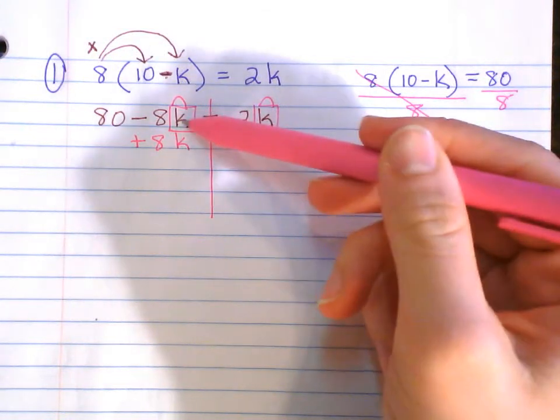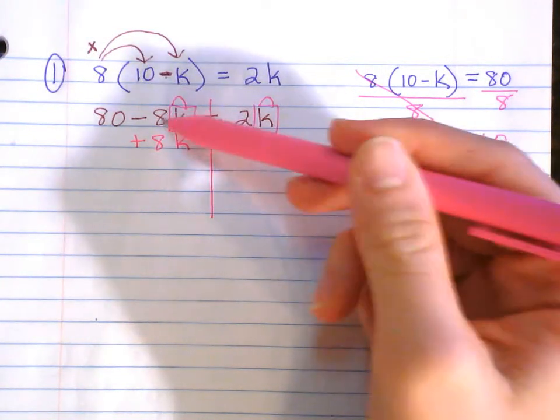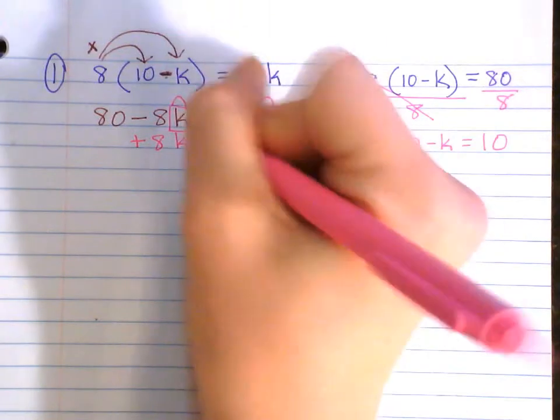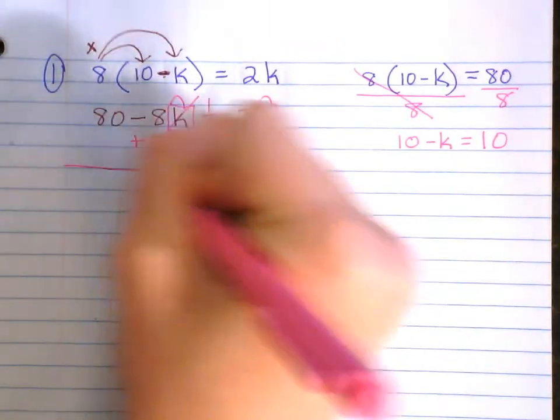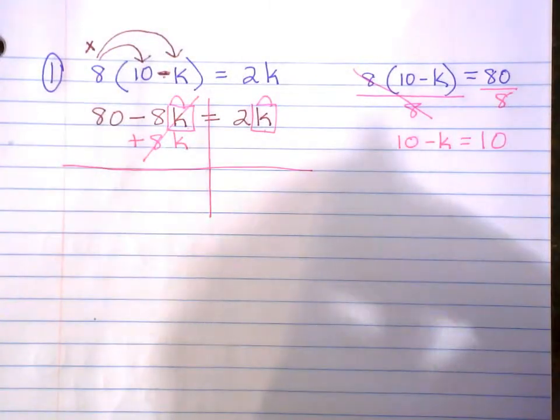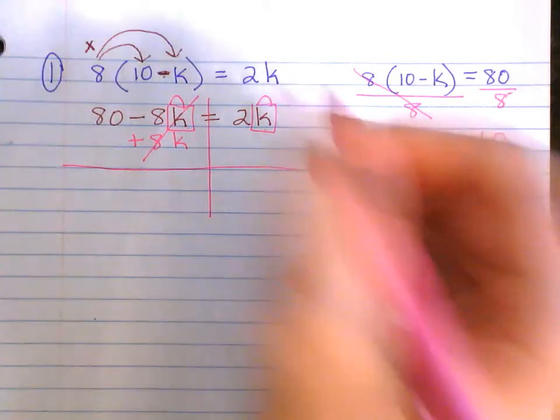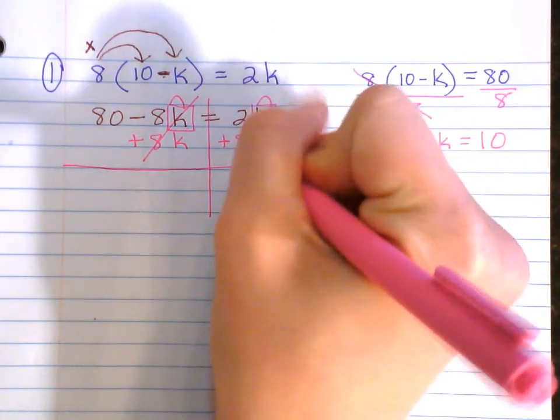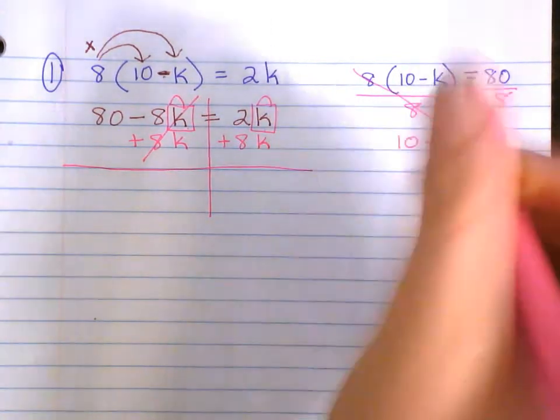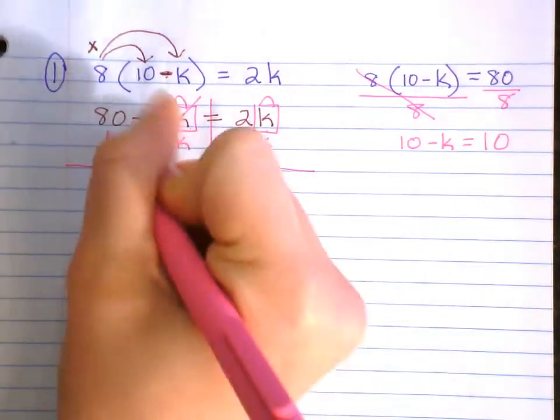Negative 8k plus 8k, if we have negative 8k's and we add 8k's, it cancels out. It leaves us with no k's. What we do to one side, we have to do to the other. So we still have our 80 left over here.